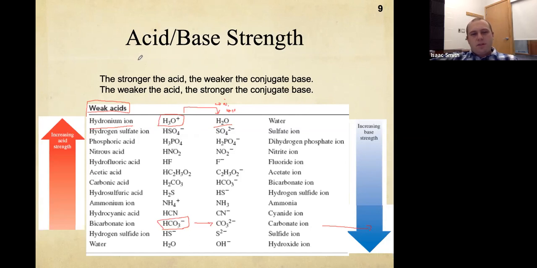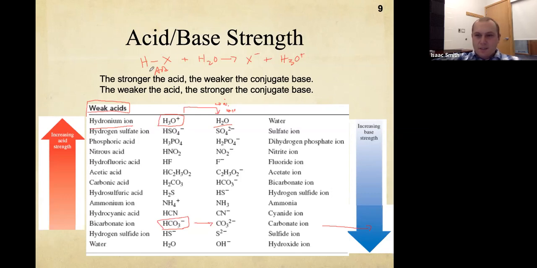For example, if something is a strong acid, so let's just say you have this acid HX, put it in water, and you get X minus plus H3O plus. Okay, so if this is our acid that we're looking at, if it is a strong acid or a stronger acid, it's going to want to give up its proton, right?